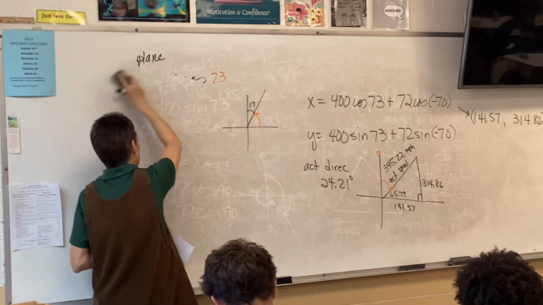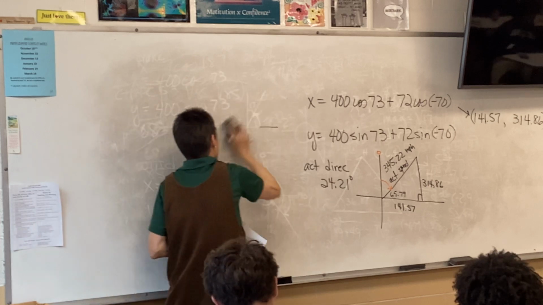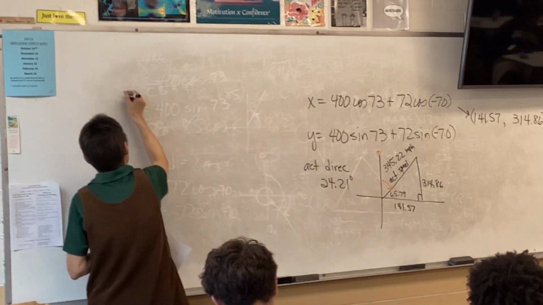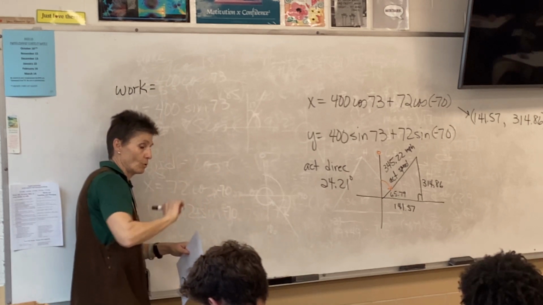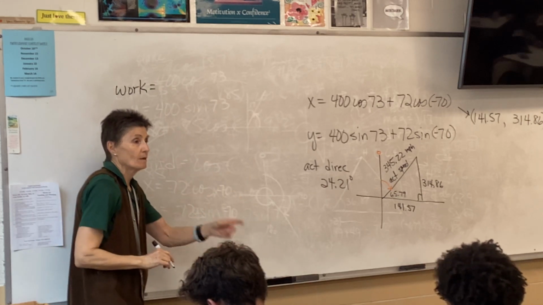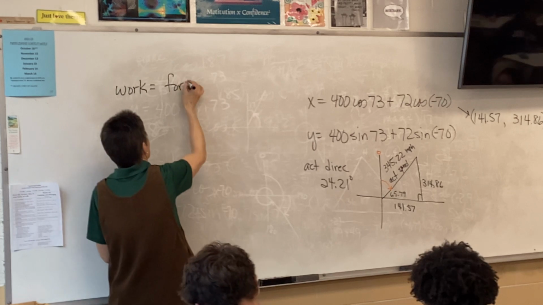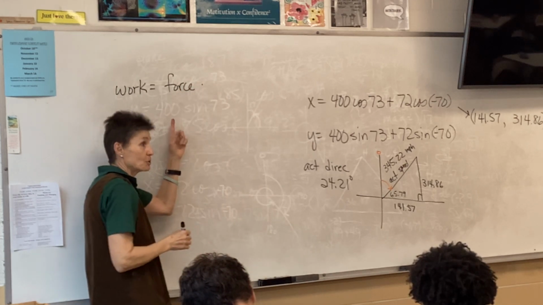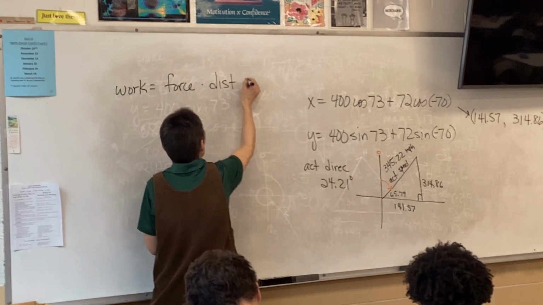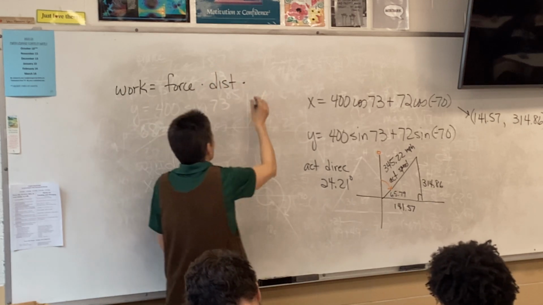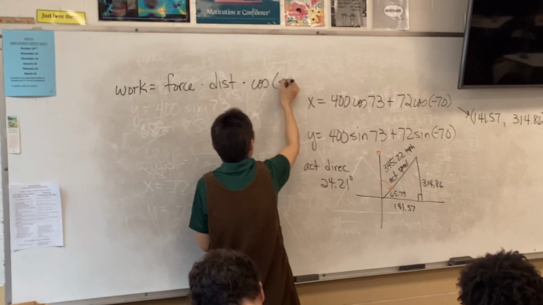So, first of all, let's remember how to calculate work. How do you calculate work? What am I going to need to know in order to answer this question? Force. That means the magnitude of force. Times distance. Times cosine of the angle between.